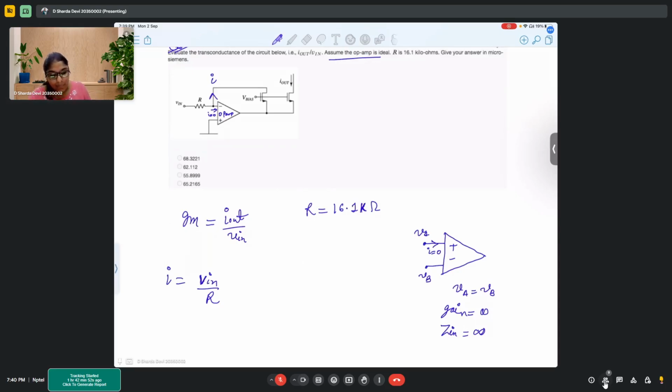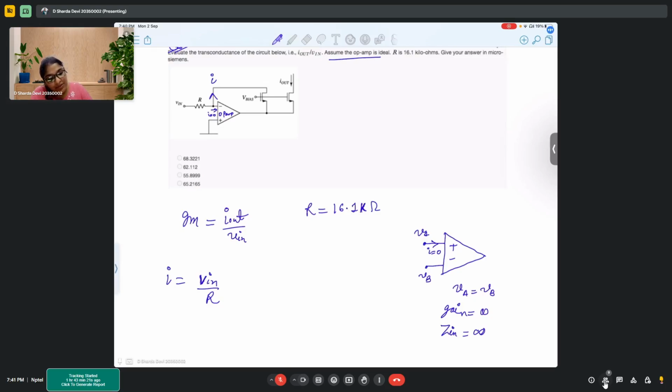Now this current is flowing through this transistor, which is given. Since both the transistors have the same bias, your gate voltage is the same, and the source is connected to the same terminal, so that means VGS is the same. Considering that the transistors are matched, VT is the same.